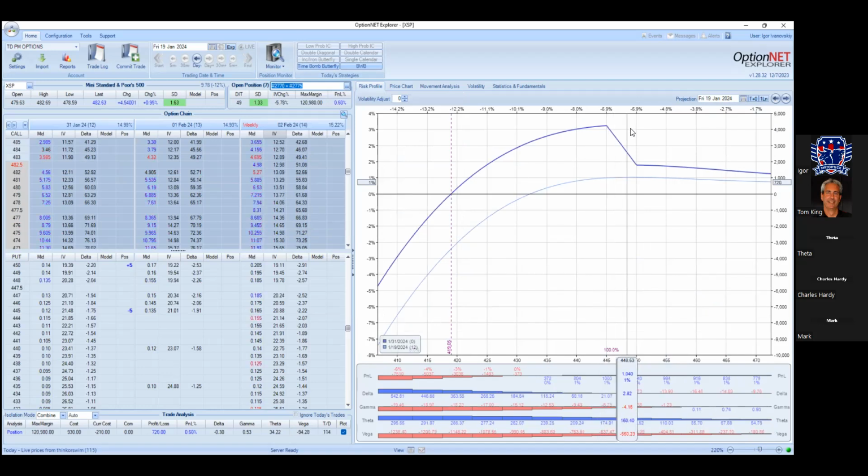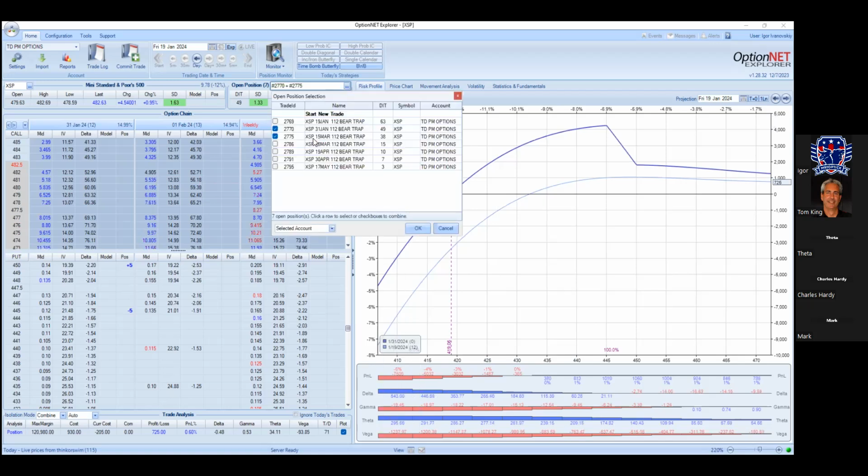So that leftover put debit spread is going to kick in and partially save this trade that expires on March 15th, which is 56 days out. The leftover put debit spread 12 days out is not going to save the whole thing.